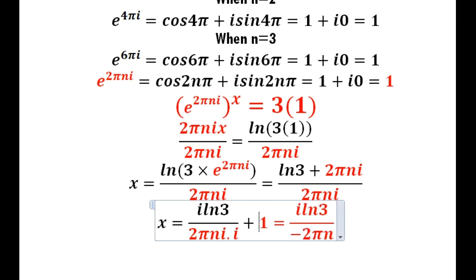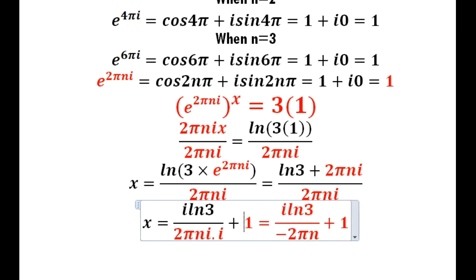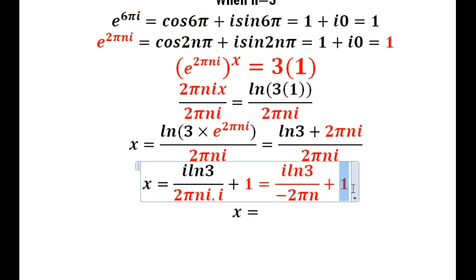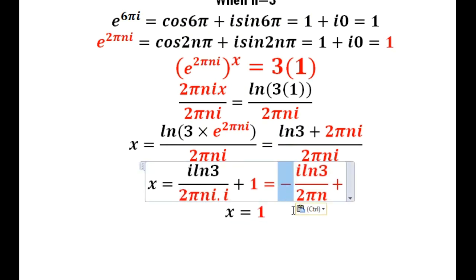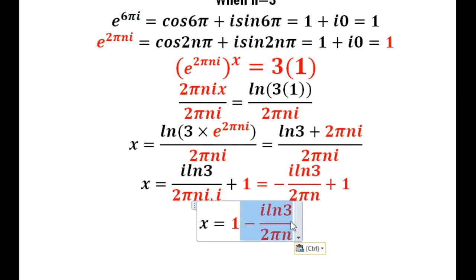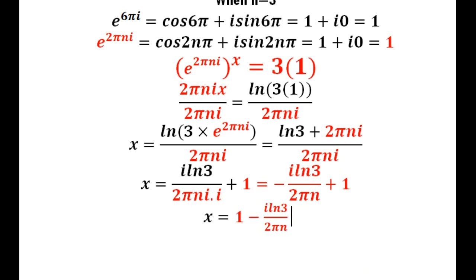Then everything is plus 1. If you interchange to put the positive first, then what will we get? x is equal to 1 minus i ln of 3 over 2πn, where n is an integer.